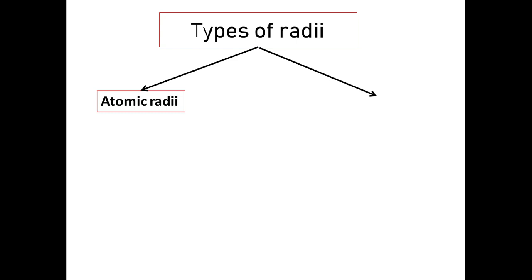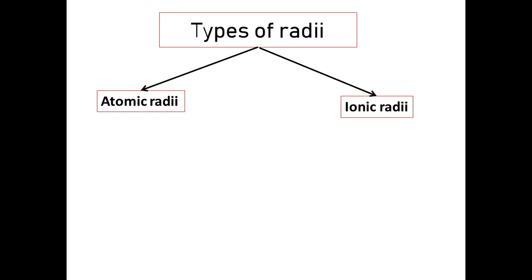Basically, radii are classified into two categories. One is atomic radii, and another is ionic radii. Atomic radii may be classified into different types. Three types of atomic radii we discuss in this lecture: covalent, metallic, and van der Waals.